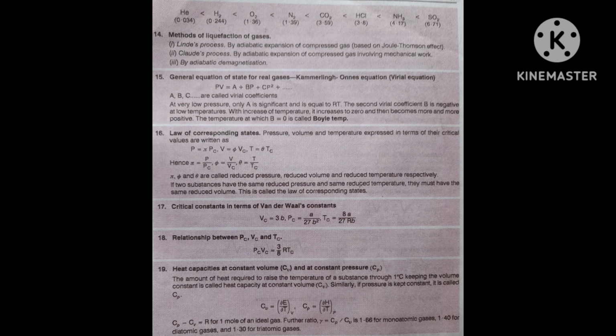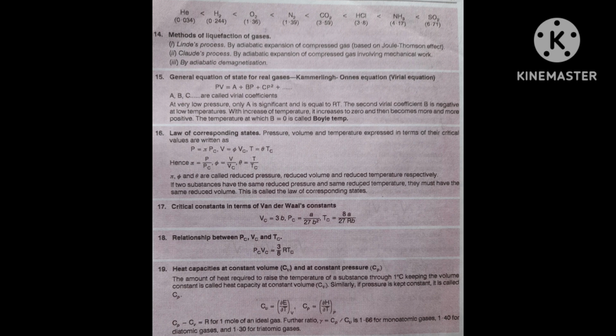It is focusing on pressure: the power of pressure is always increasing. PV is equal to A, no pressure term, only A, plus BP, now P is introduced, plus CP squared, now the power of P is 2, plus dots like this.